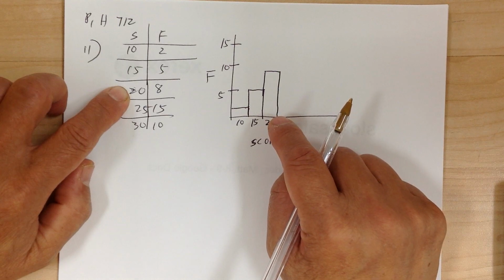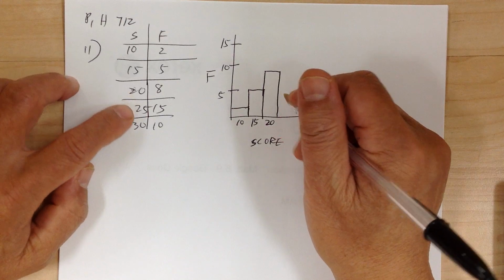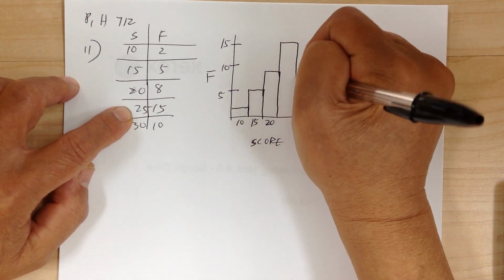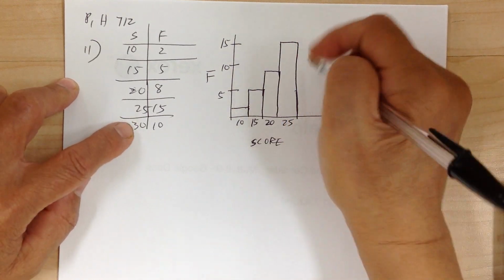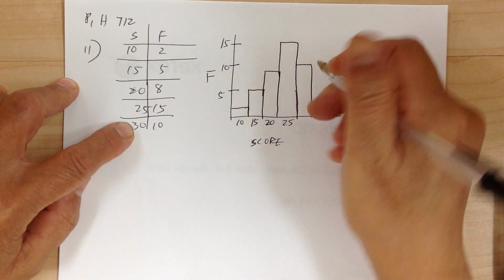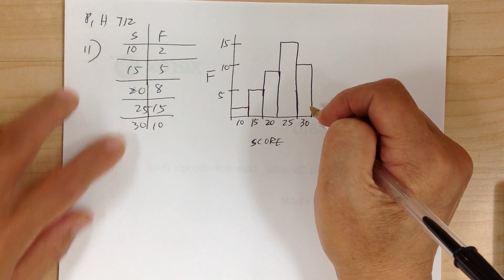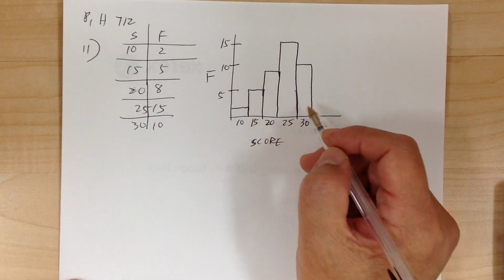And then the next one, 25 is 15, and 30 is 10. Okay, so this is a histogram, and that's it.